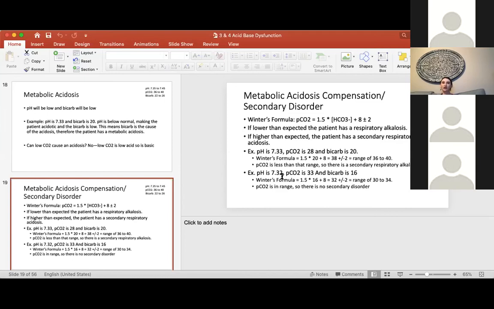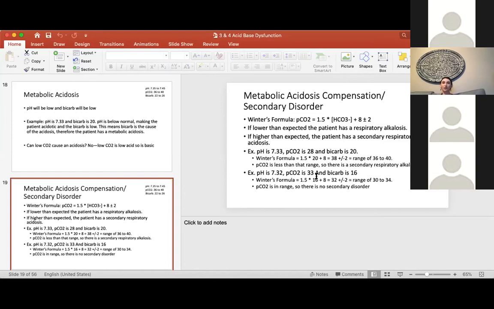If the pH is 7.32 and our CO2 is 33 and our bicarb is 16, we know already we've got a metabolic acidosis, and we are looking at Winter's formula.